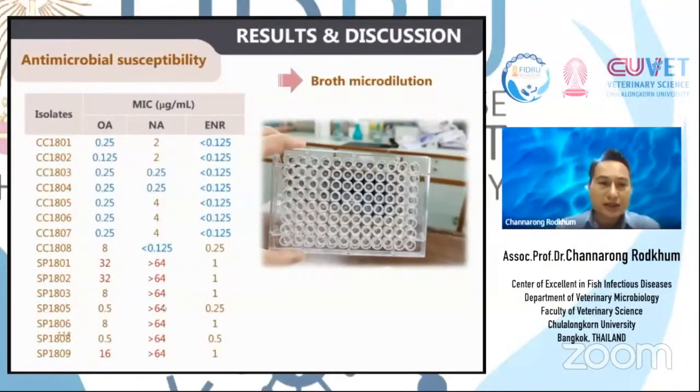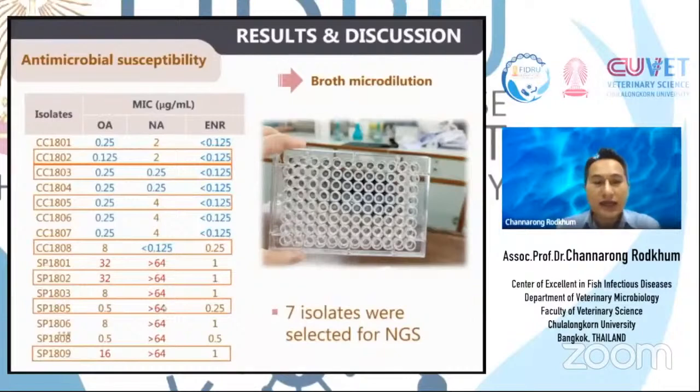And we group them as sensitive, intermediate, and resistant, or low MIC and high MIC, before we submit for whole genome sequencing, because we would like to compare the differences in each strain of bacteria that have different patterns of susceptibility.